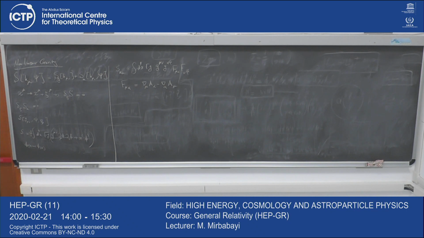But in the active way, we don't touch the measure, but we change all of the fields. So in the active way, there will be a delta phi. The scalar field will change by xi mu d mu of phi. So the way we construct the action is invariant in both ways. Sometimes it's easier to think about it in one way, sometimes in the other.